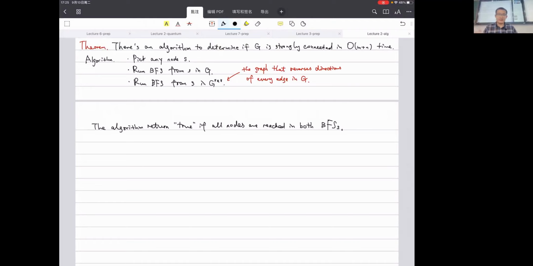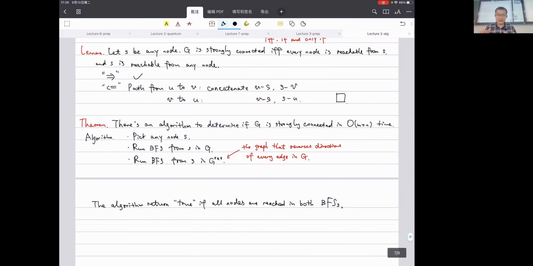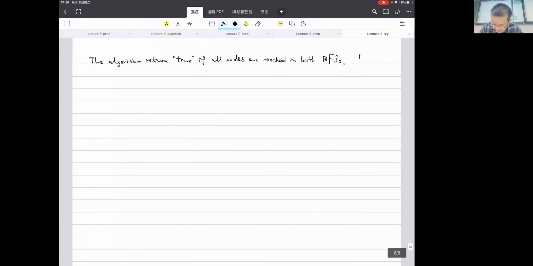The correctness is about reachability, and based on the lemma that we reduce the problem of strong connectivity to connectivity with respect to a specific point S. One of the BFSs decides whether all the nodes are reachable from S, and the BFS on G reverse decides whether every node can reach S. So the correctness and the complexity are transparent from the previous discussion.